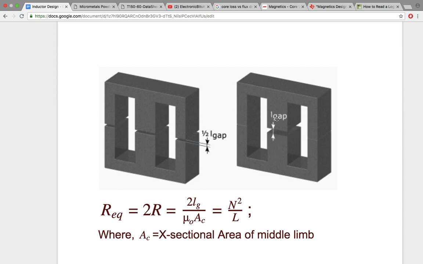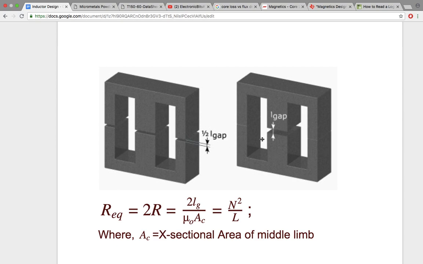But if you see this core, there is no air gap between these two, there is only one air gap in between here. So only the central limb has an air gap. So providing half air gap here is the same as providing double this air gap here.